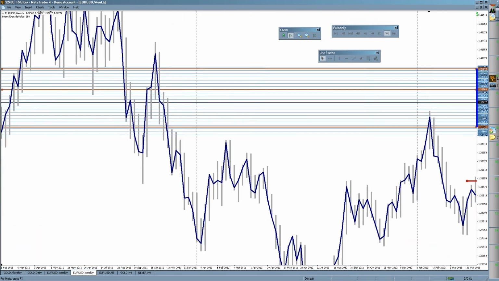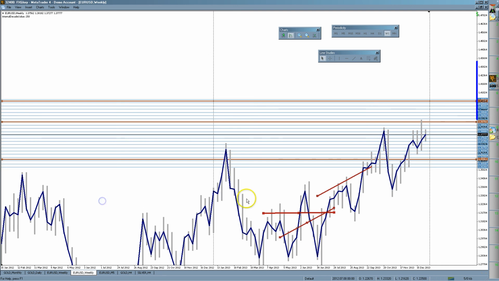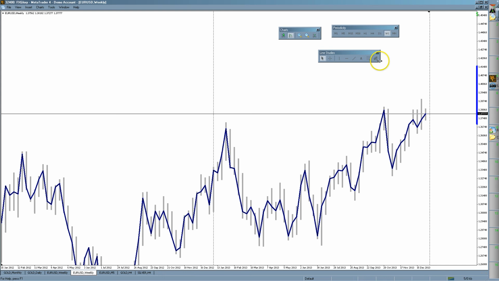And turn the auto scroll off there. So the weekly is, I guess these lines aren't going to make too much sense on this weekly, so go for this last known price projection, which was this double bottom here on close.